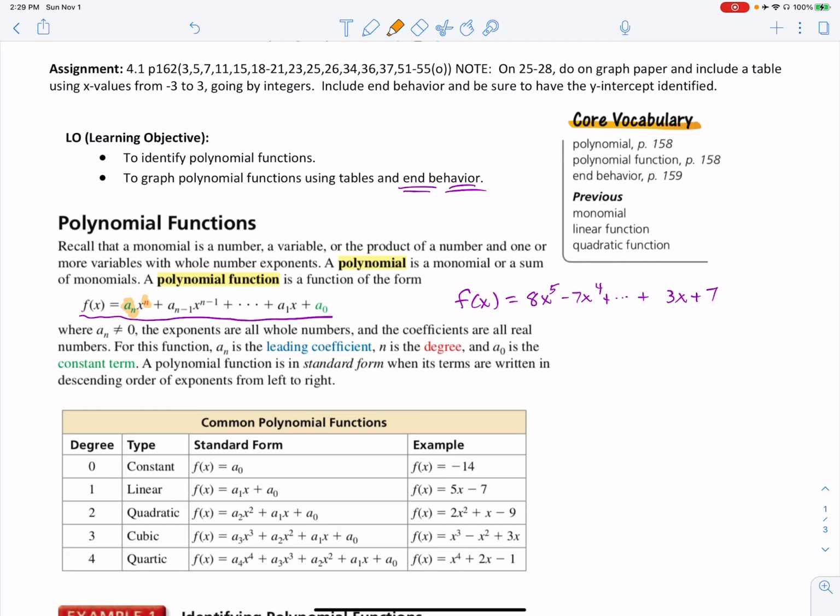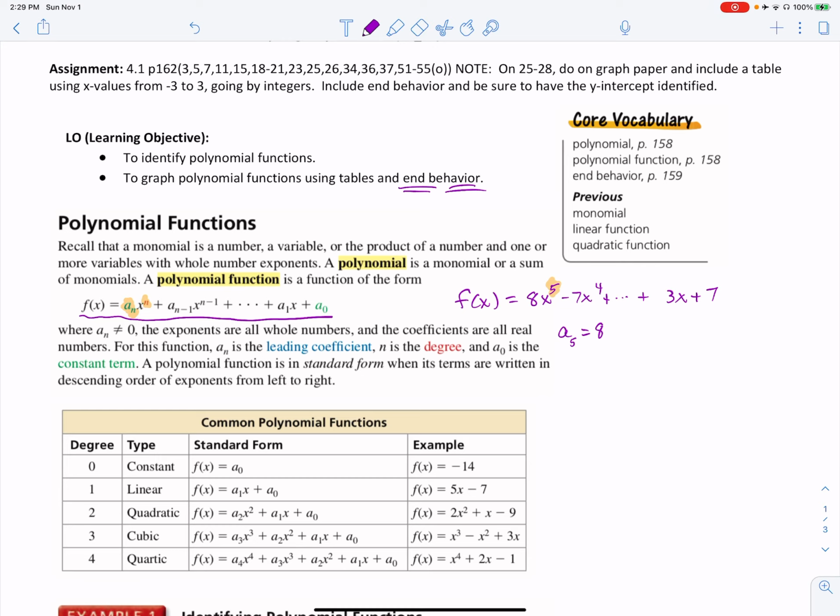And it's kind of nice because if we look at this f of x here, because the exponent on the x is 5, we are going to say a sub 5 is 8. So the subscript just identifies the exponent that the x value is raised to. And it's just more convenient when you have high degree polynomials.